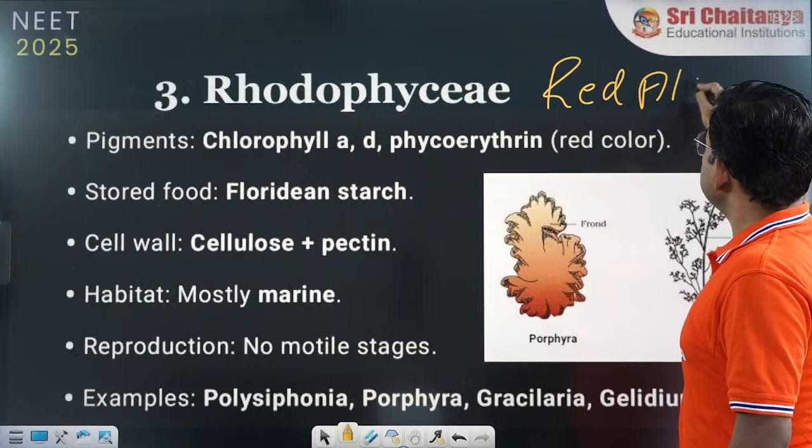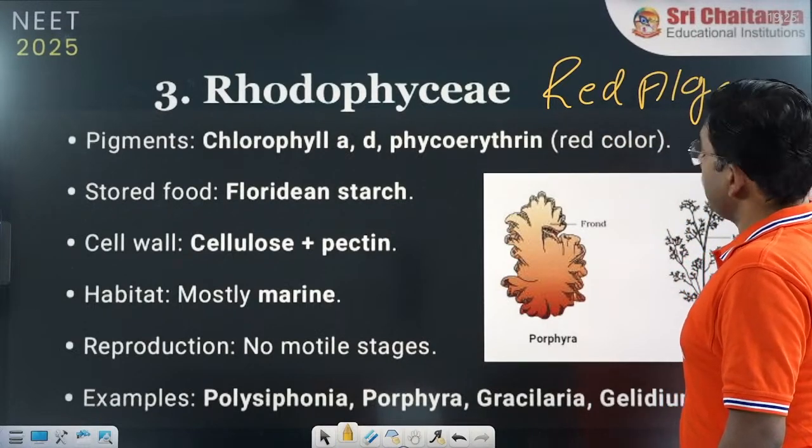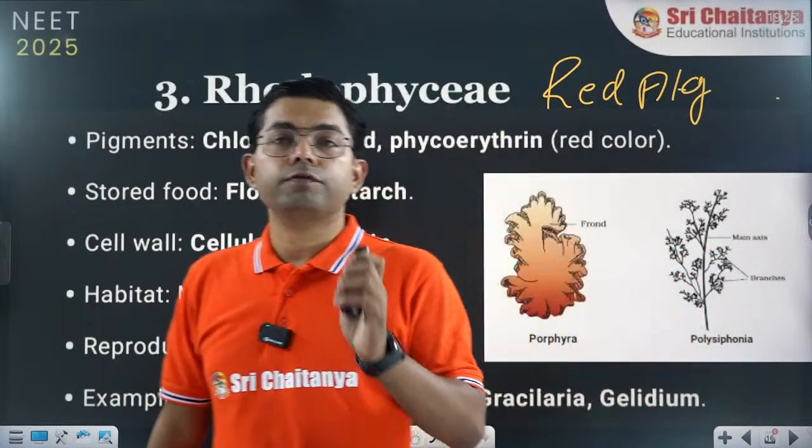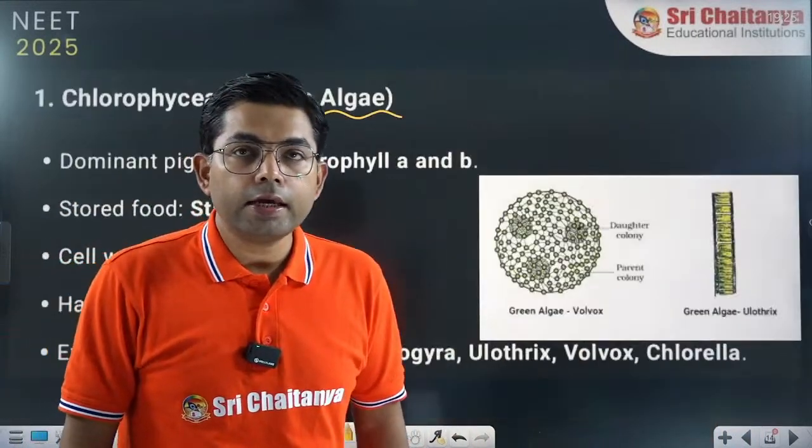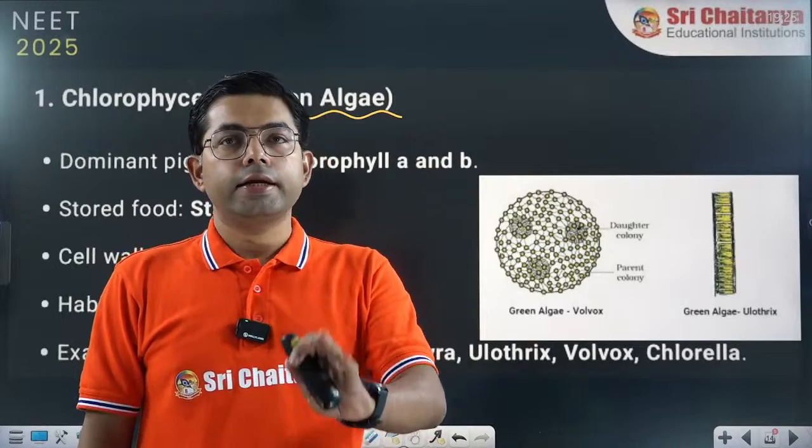So these are the three examples. Remember, three types of algae are green algae, brown algae and red algae.